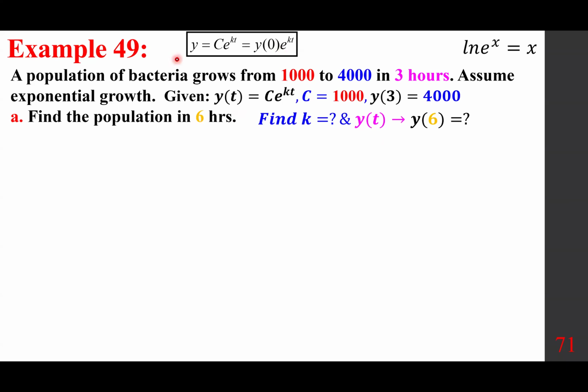So as far as the formula is concerned, the initial value, c or y of 0 or y sub 0. Just remember, if you plug in 0, you get c, right? So that's 1,000. So the formula becomes 1,000 e to the power of kt.